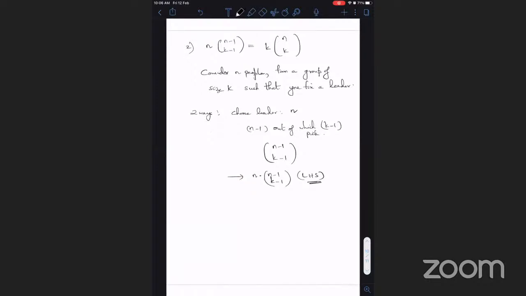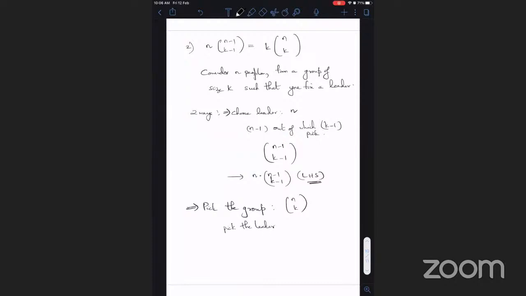So another way to look at the same problem is to first pick the group and then choose the leader. So pick the group. So how many ways can you do that? You have to pick a group of size k. So that is just n choose k. And then pick the leader from the group.